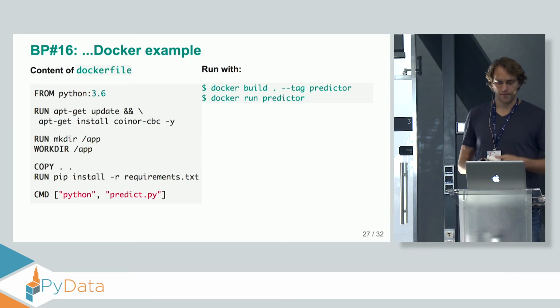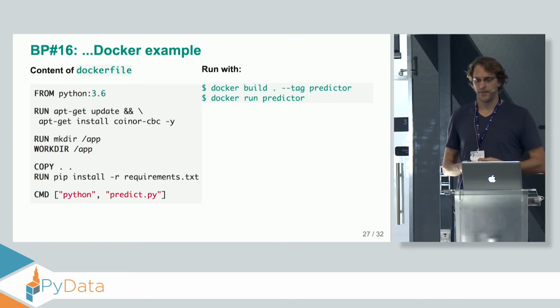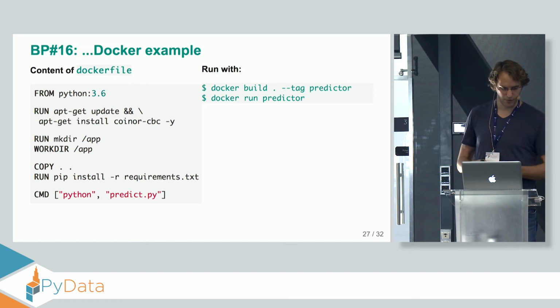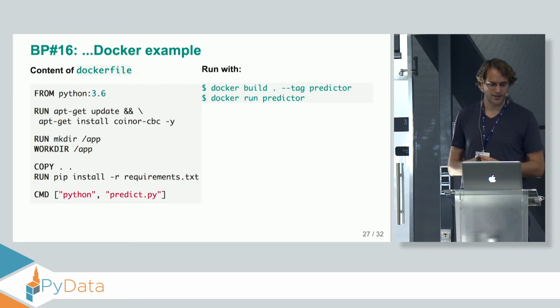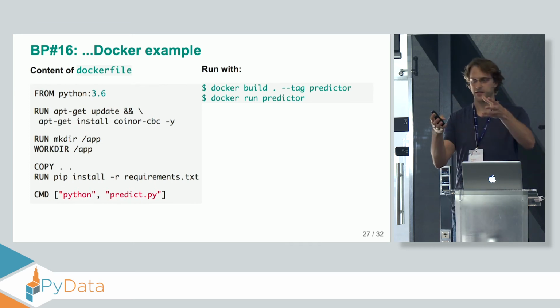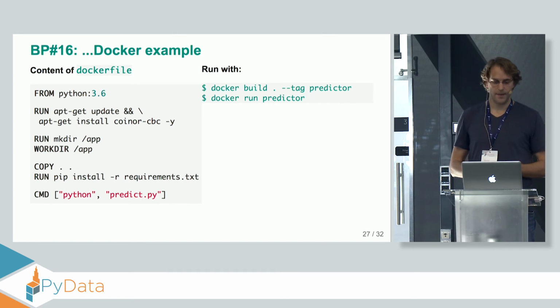You declaratively specify what needs to be installed on this base image. In this case, I have some solver libraries, and then I copy my application to this Docker image, I run the requirements, and I specify that when I run this image, the command python predict.py should run.